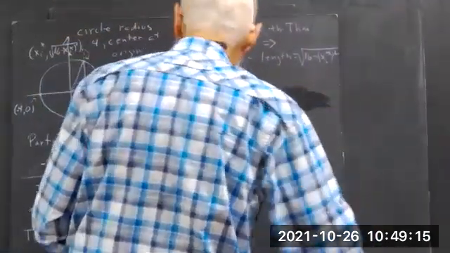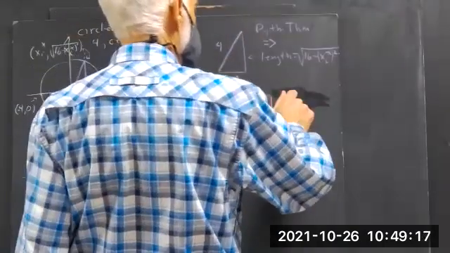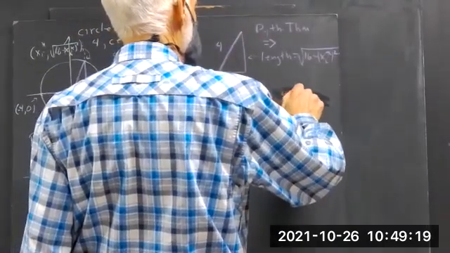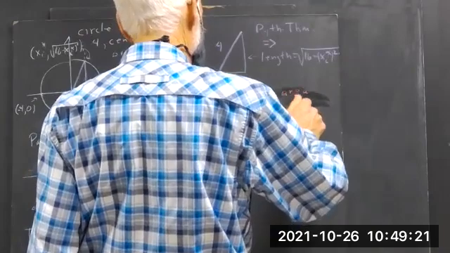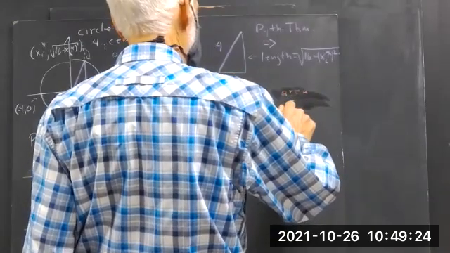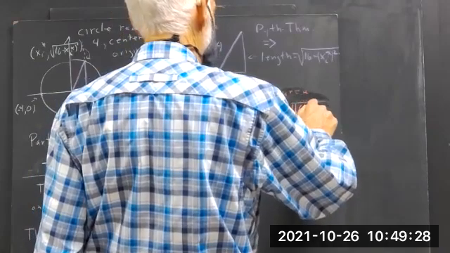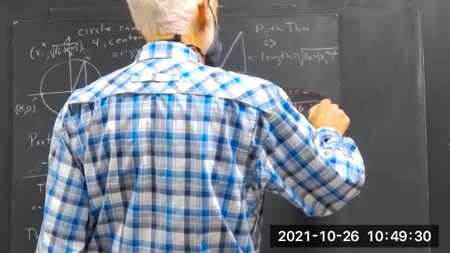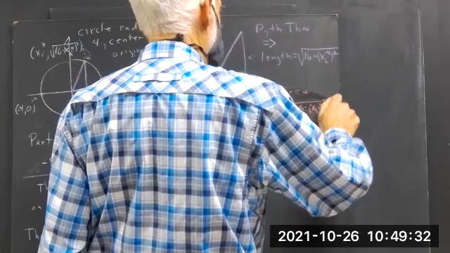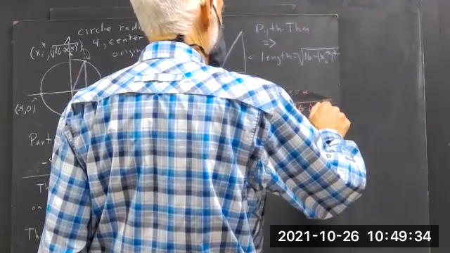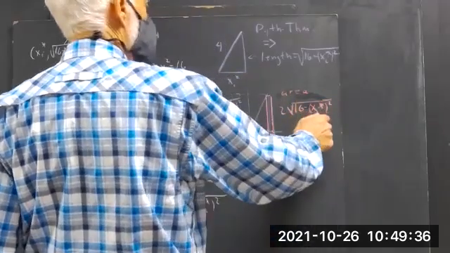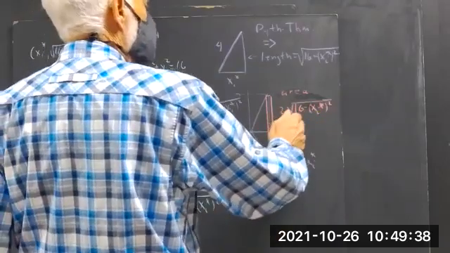Writing an expression for the volume, the square root of 16 minus xi star squared.